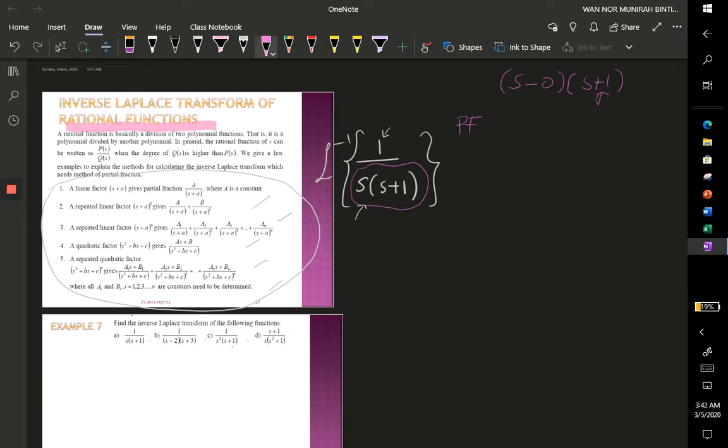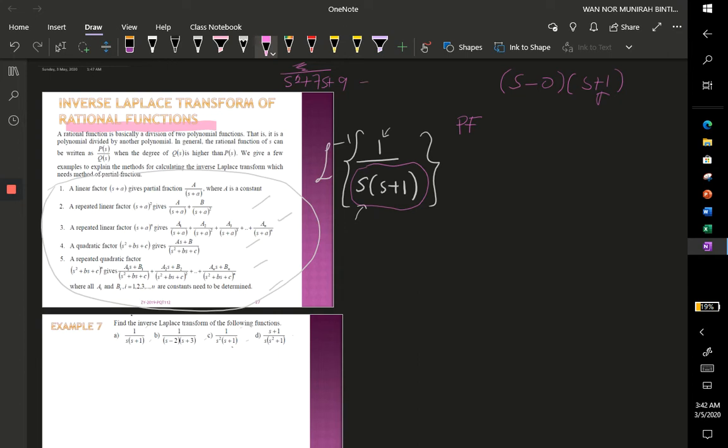But if you have something like in the previous video, let's say you have something over s squared plus 7s plus, let's say, 9, your quadratic function is s squared plus 7s plus 9. Obviously we cannot get whole numbers when you try to factorize.